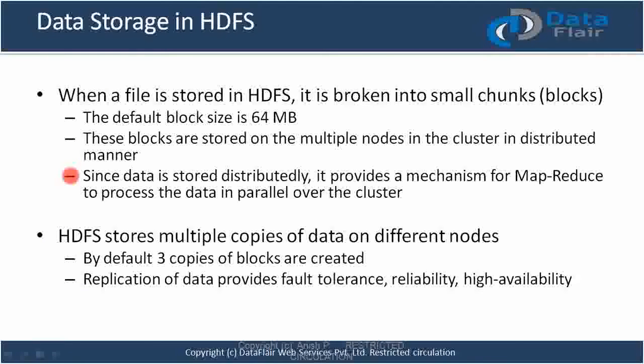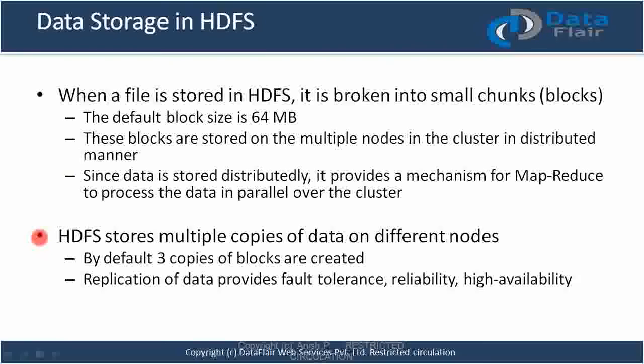Since data is stored in a distributed way, it provides a mechanism for MapReduce to process the data in parallel over the cluster. Surely MapReduce is the heart of Hadoop, but to provide distributed capabilities to MapReduce, we must have a file system that itself is distributed, that is HDFS.